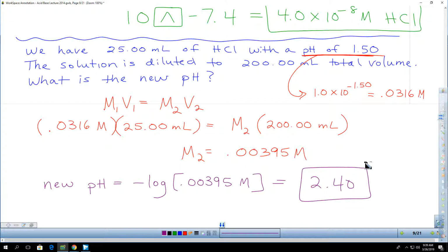Then I have to be able to do the dilution equation to figure out the new molarity, and then I can plug that molarity into the pH equation. And it makes sense that if I diluted the solution, it should be less acidic. There's less hydrogen per volume. And so it makes sense then that the pH is now 2.4, less acidic than the initial pH of 1.5.